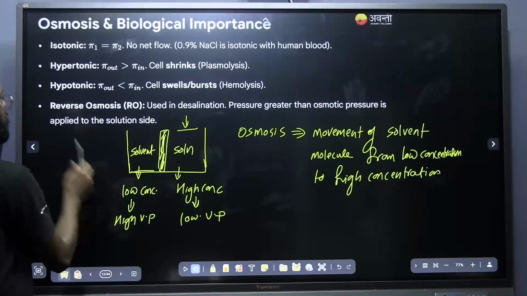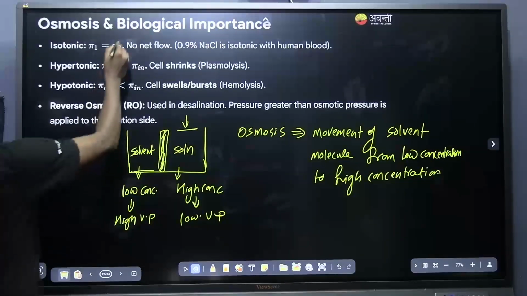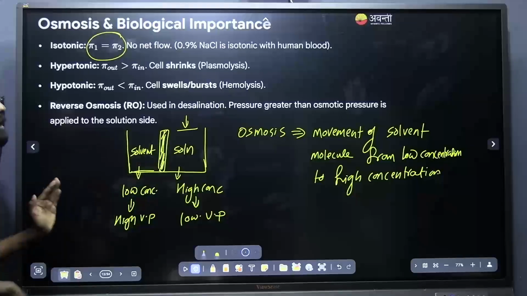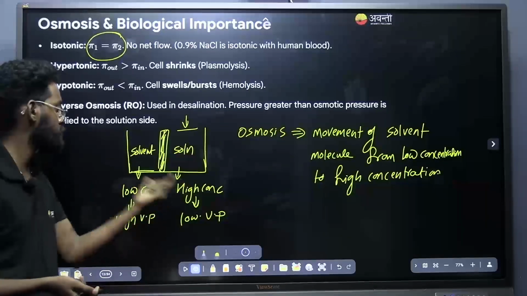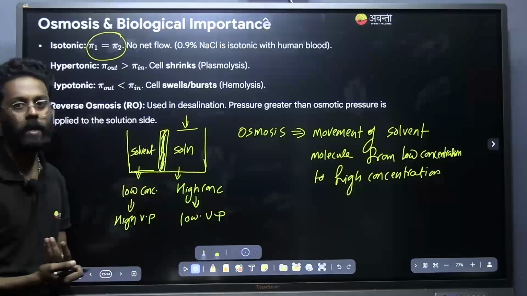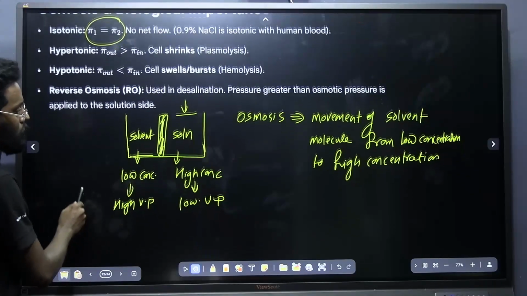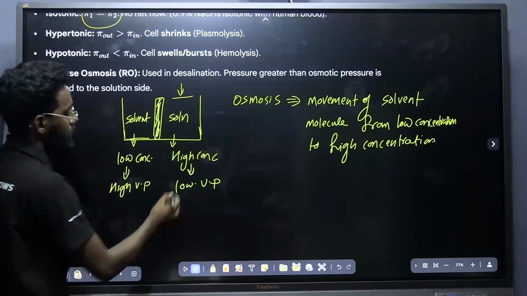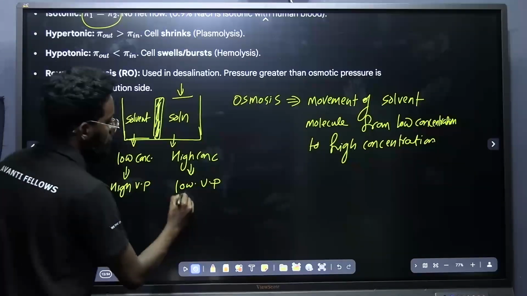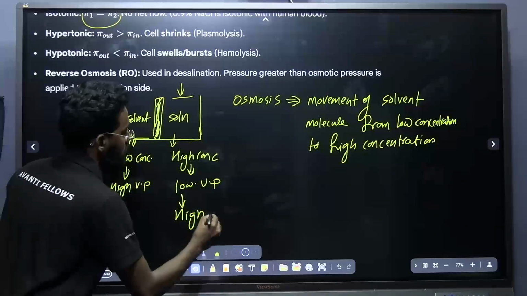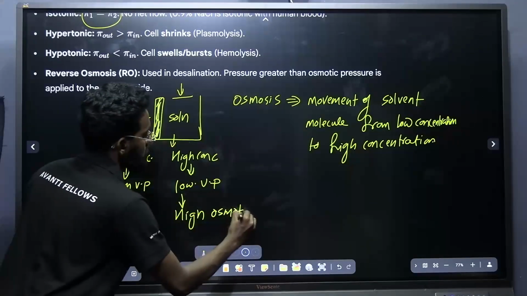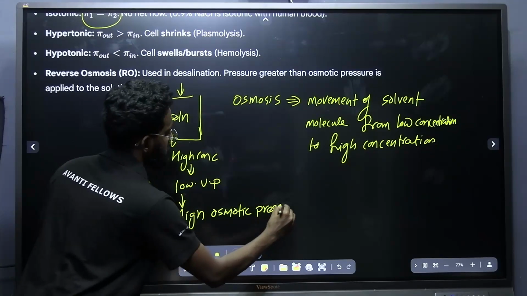And if I am taking two different solutions, if the osmotic pressure of the first solution and second solution are both the same, then there won't be any net flow. Just note down one more point. Here this is a solution and it is having high concentration, low vapor pressure, and this will have high osmotic pressure.